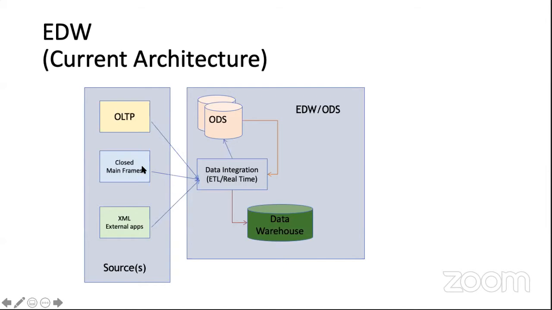So the full-blown ETL lifecycle will be to get the data from sources using some data integration tool or technology. From there, data will go to the ODS, and then we will do the ETL and populate the data into the data warehouse. So what is the relevance of this ODS?